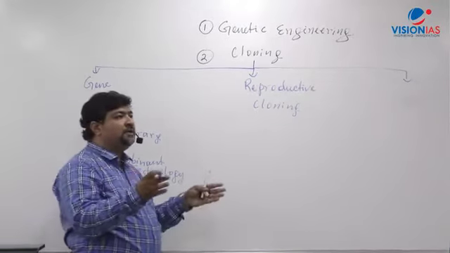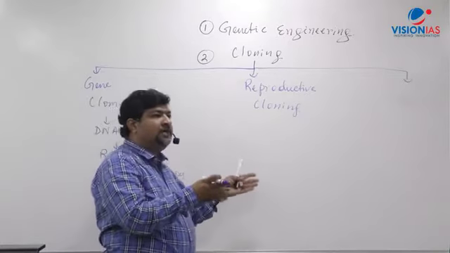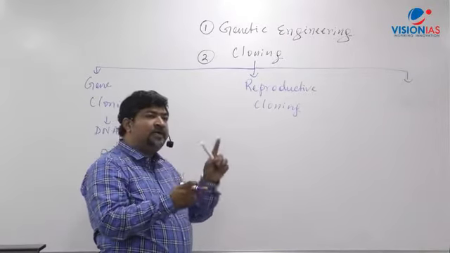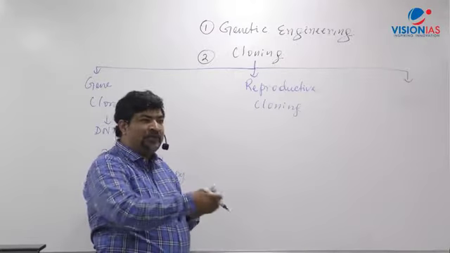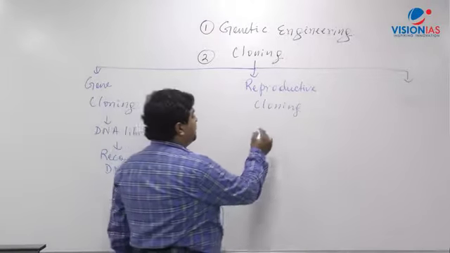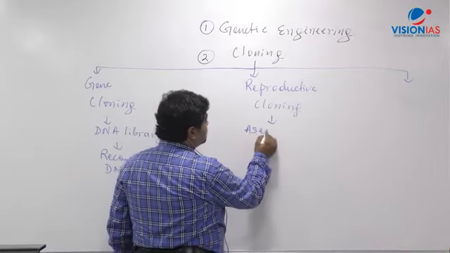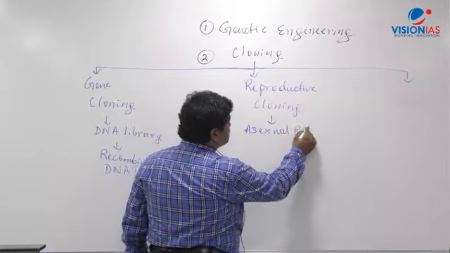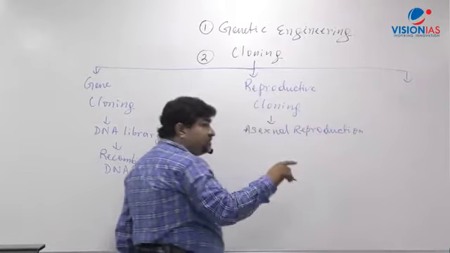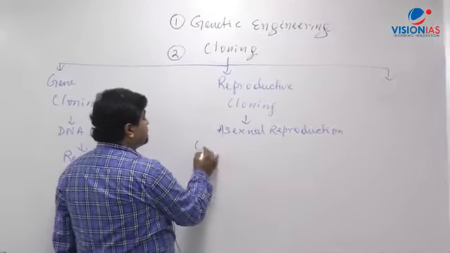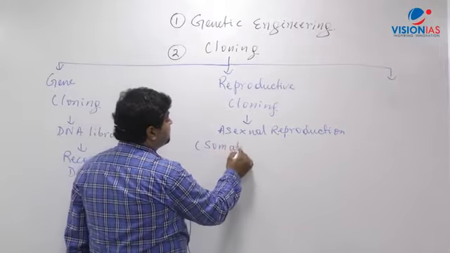But let's say you want to make a clone of an animal, similar to one of the parents, male or female, and that is done in the lab. We manipulate it in the lab. So here it is based on asexual reproduction, and it uses a technique which was asked in this year's exam, called the somatic cell nuclear transfer technique.